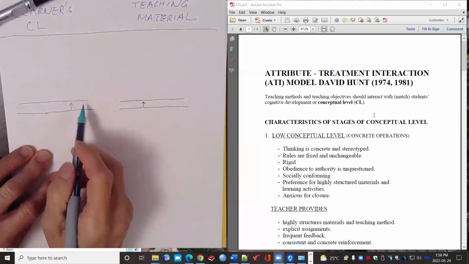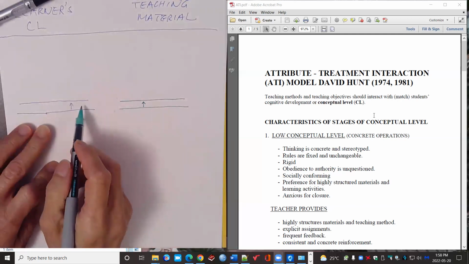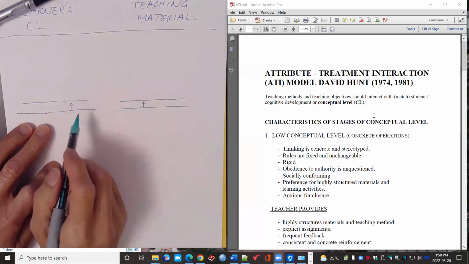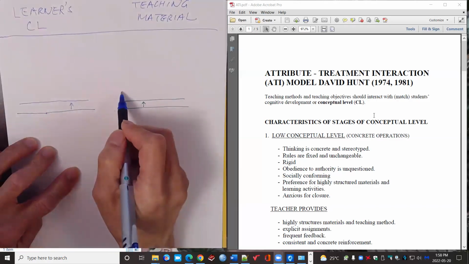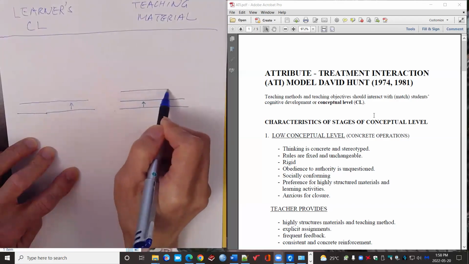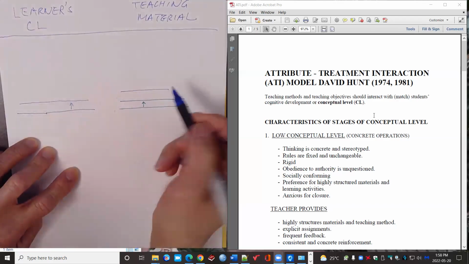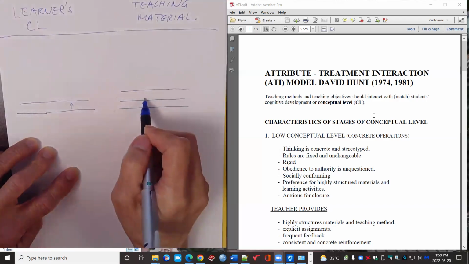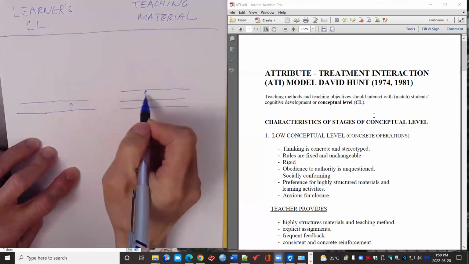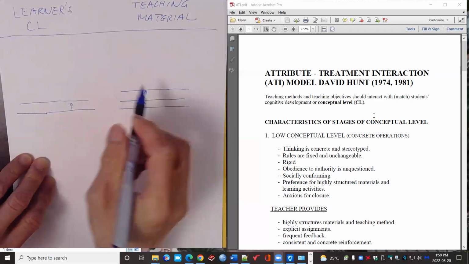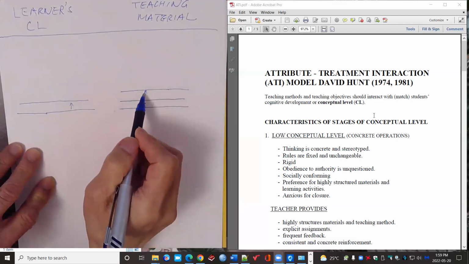So they are operating at a higher level than before. Then the teacher will change. I use the wrong color, but pardon me. Okay, I use one color. Then the teacher will change.